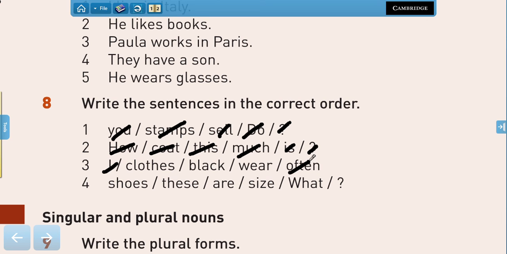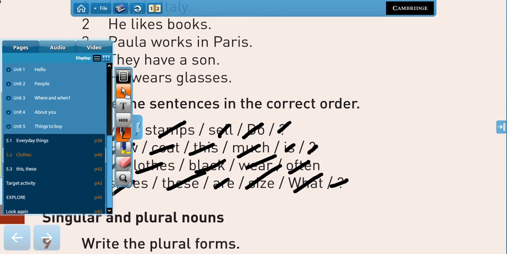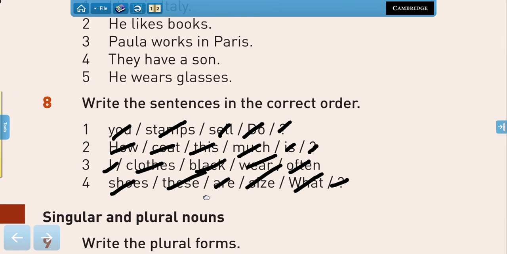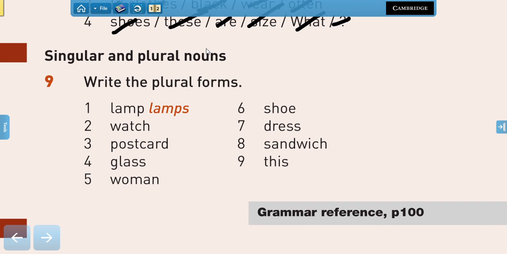I often wear black clothes. What size are these shoes? Question mark. Very good. Very good. We're almost done.